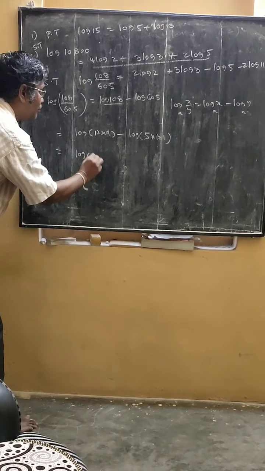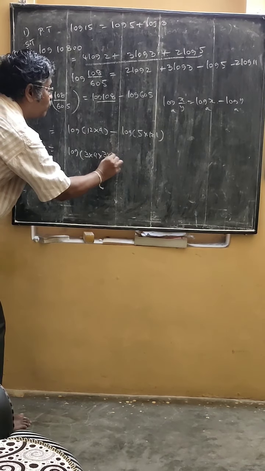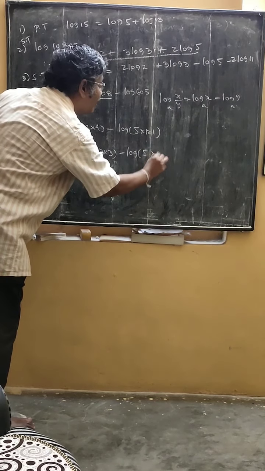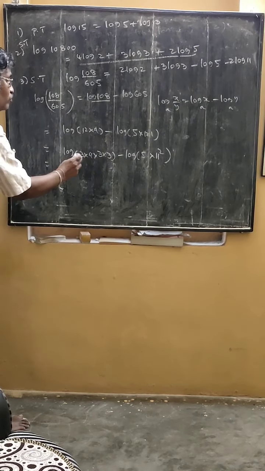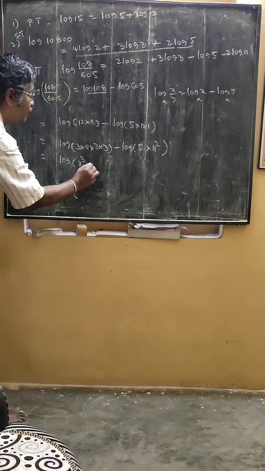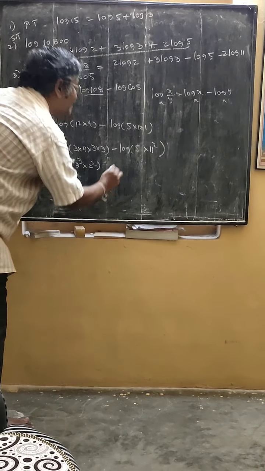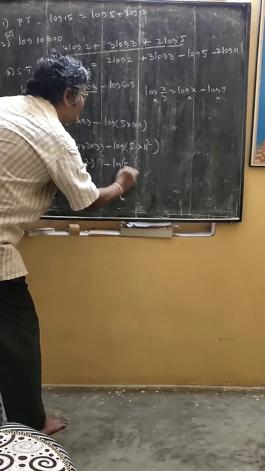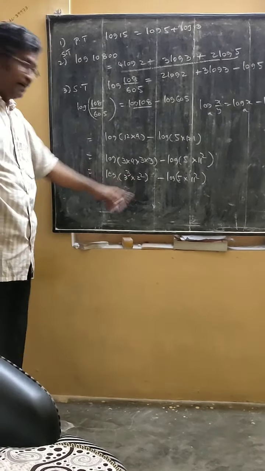Log 12, just like the previous problem, is 3 into 4, 9 is 3 into 3, minus log of 5 into 11 square, since 121 is 11 square. Now log of 3 cube into 2 square, minus log of 5 into 11 square. Now it is the logarithm of a product.